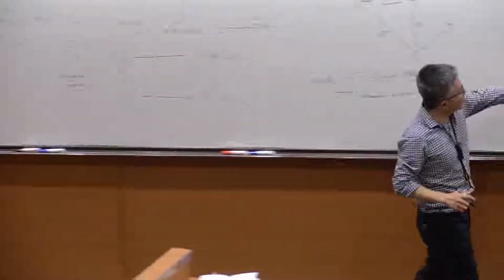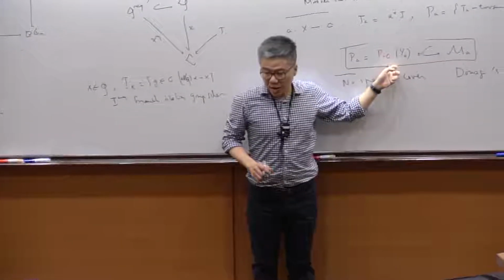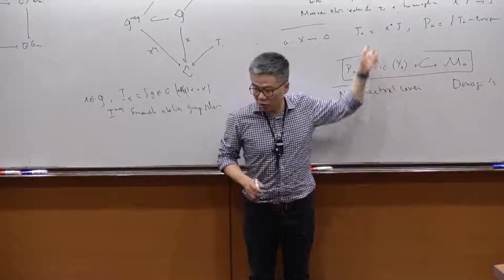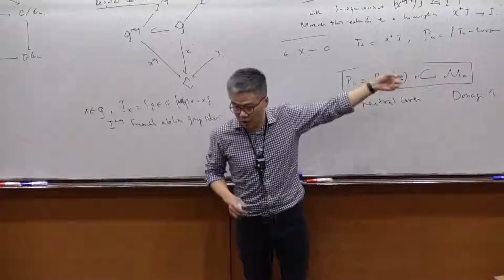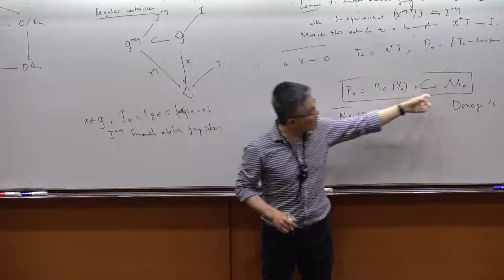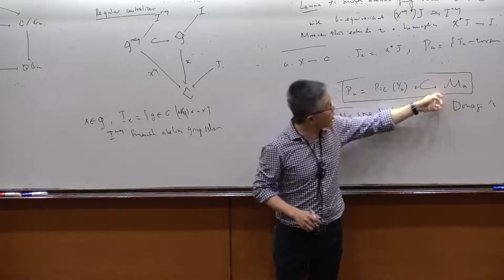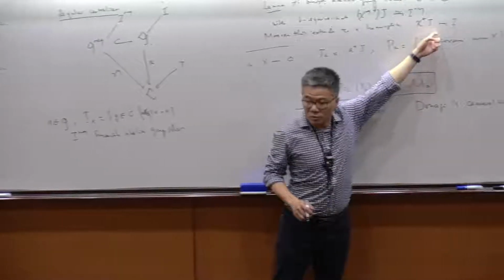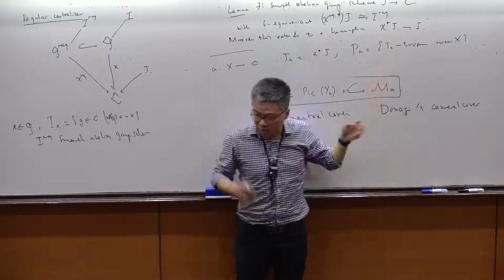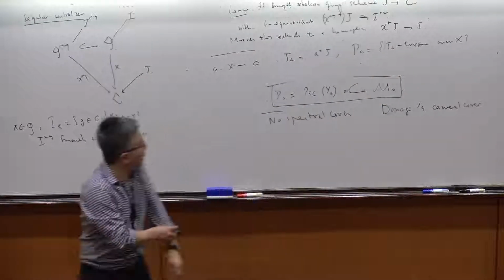And then with this, P_a plays the role of the Picard stack. When you don't have a spectral curve, you have to go through this kind of group scheme construction. You have this P_a, and P_a acts, this canonical action comes from these homomorphisms. This homomorphism gives the action of P_a over M_a.